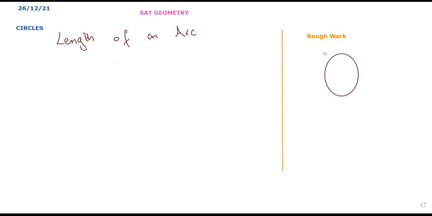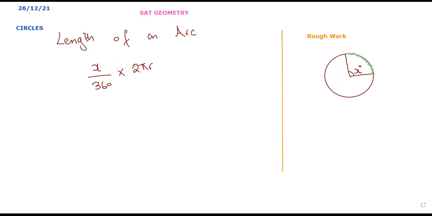Let's say this is the circle and this angle is x degrees, and we are talking about this arc, okay? So the length would be x by 360 into 2 pi r, right?